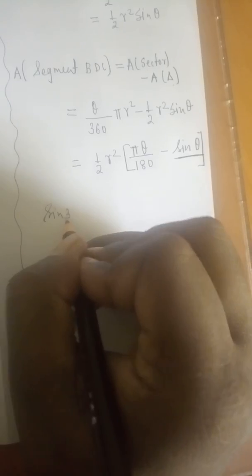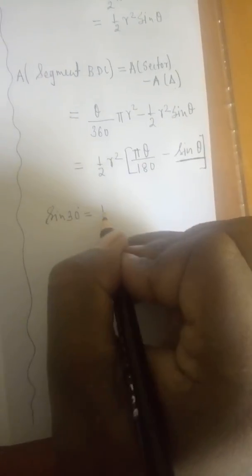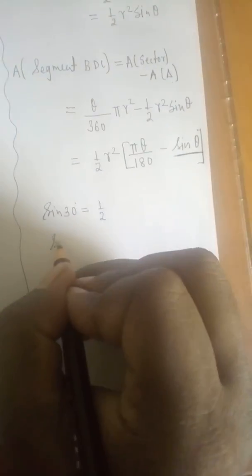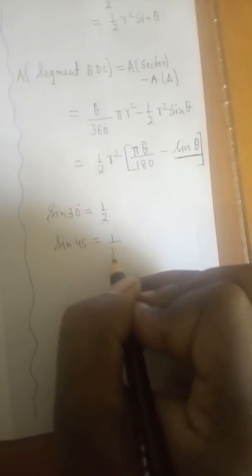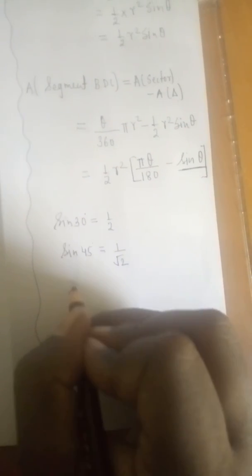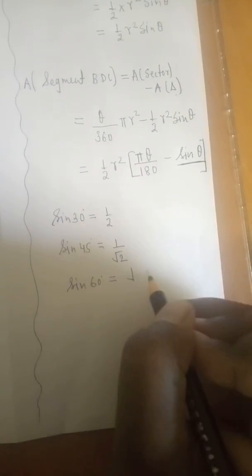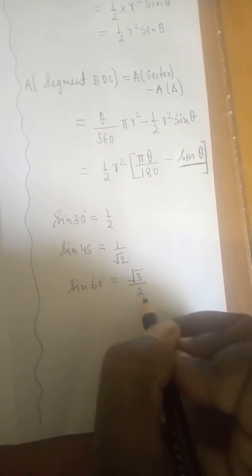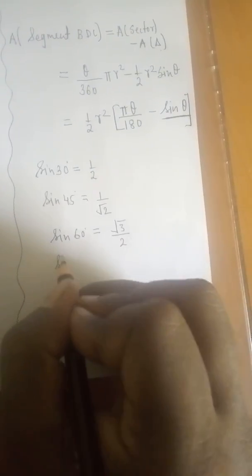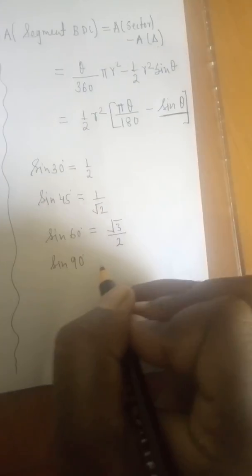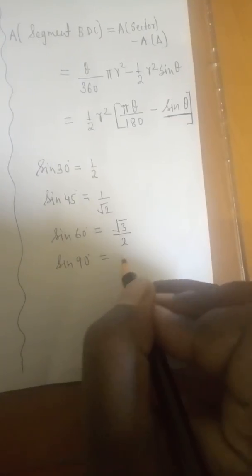Just for your information, I am writing sine ratios of different angles. So friends, we have sine 30 equals half, sine 45 equals 1 upon root 2, then sine 60 equals root 3 upon 2, and sine 90 equals 1.